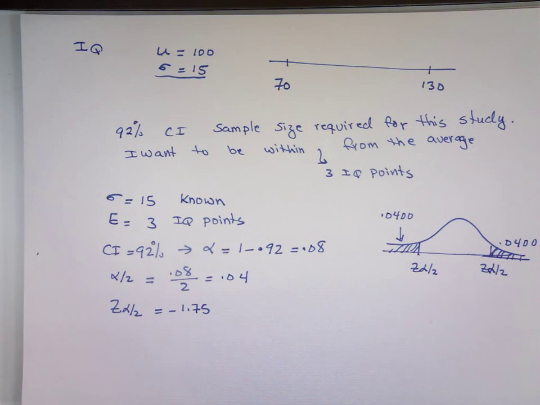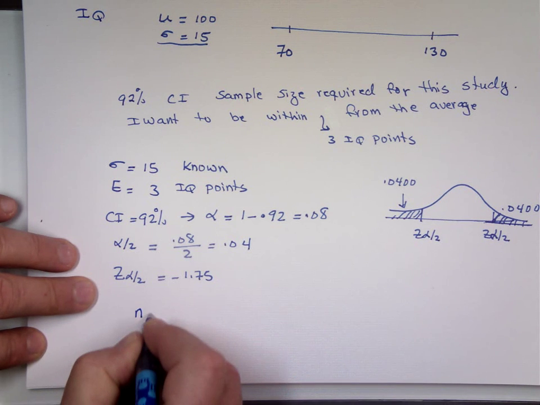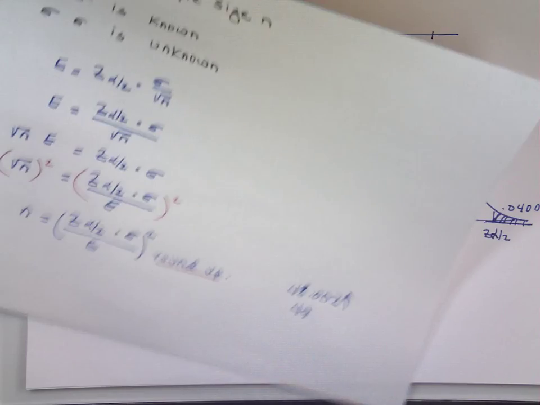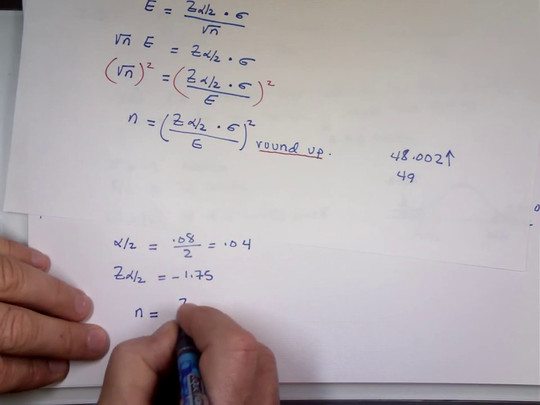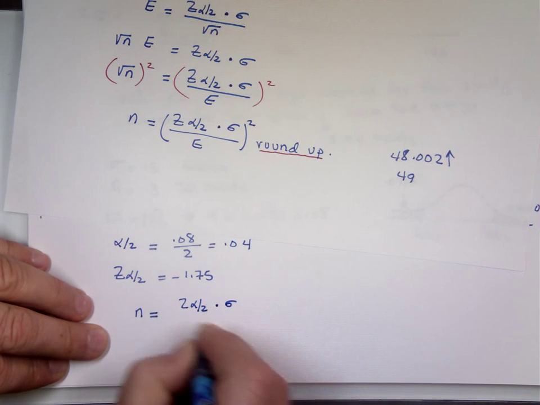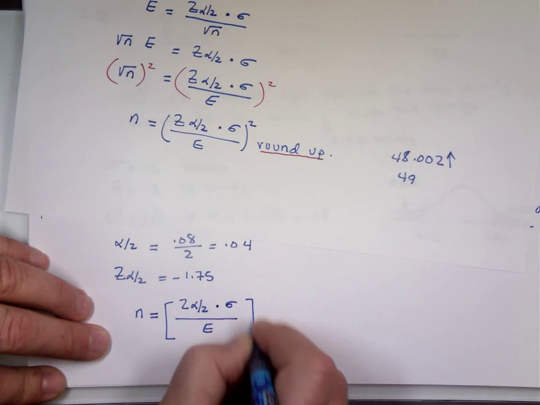So now if I know that, can I calculate what the sample size should be? N equals, where's my equation? Z alpha over 2 times sigma divided by my error, and I'm going to square that.